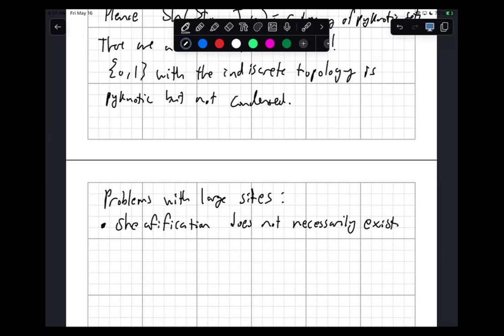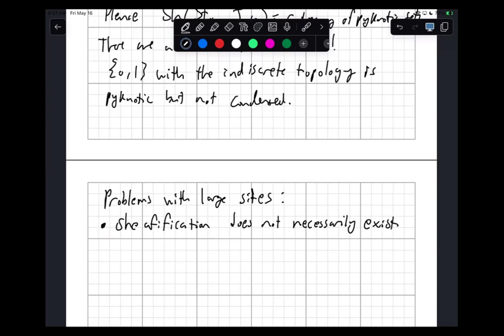Another problem is to think about the following. I want to consider the category of presheaves on my category C. If the category C is small, I take presheaves on that. I get a large category, but that large category is Cartesian closed. Cartesian closure is a very important part of being a presheaf category. I take two presheaves X and Y and I want to consider their internal Hom. That's a presheaf. How do you define that presheaf?